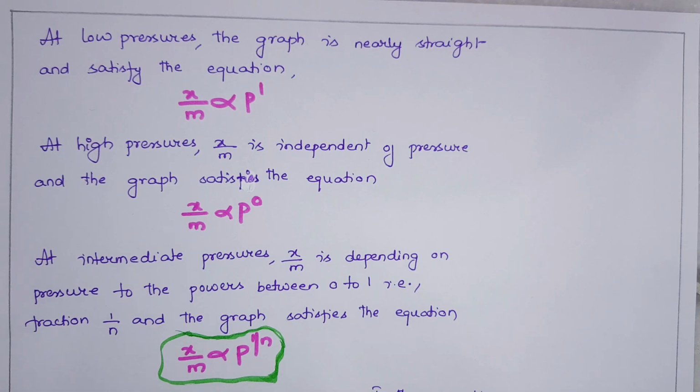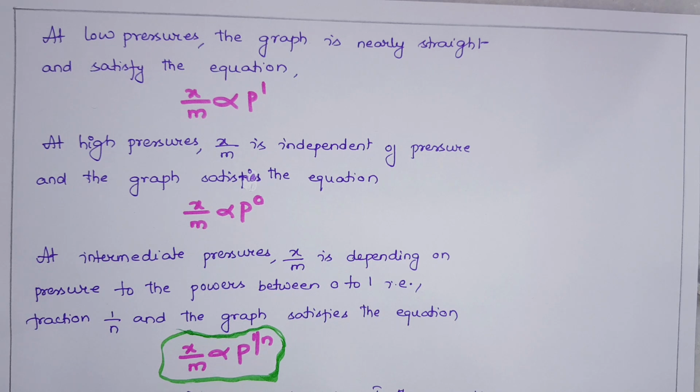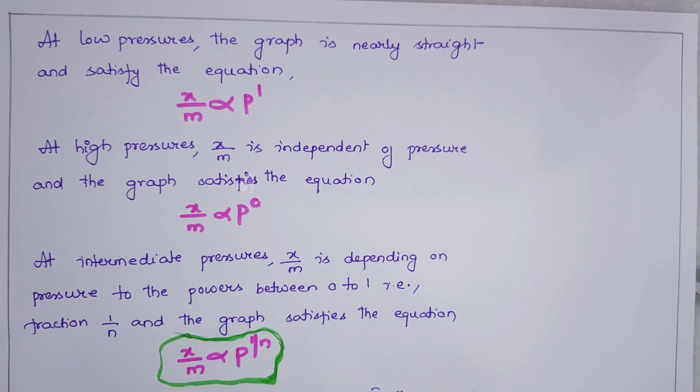From the graph, what do we understand, students? Pressure is taken on the x-axis and x by m on the y-axis. Let us try to understand the graph at low pressures, at high pressures and at intermediate pressures.